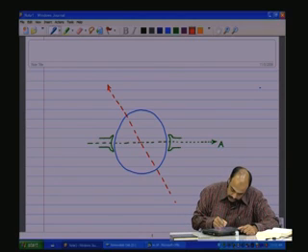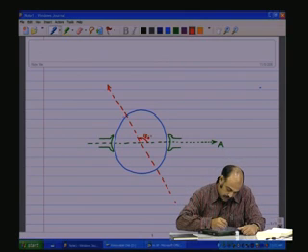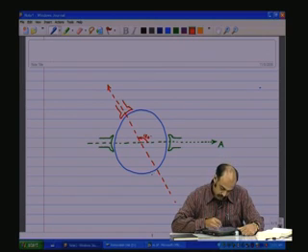Now this is 120 degrees apart, 120 degrees. Now along this also I am going to have some fixed stationary poles. Pole pairs, of course, you can't have single poles. You should always have a south and a north pole.